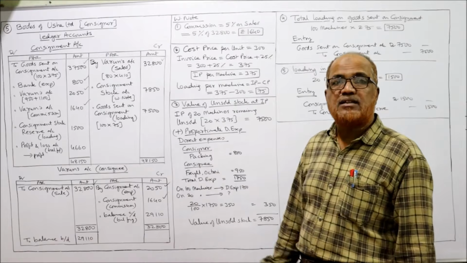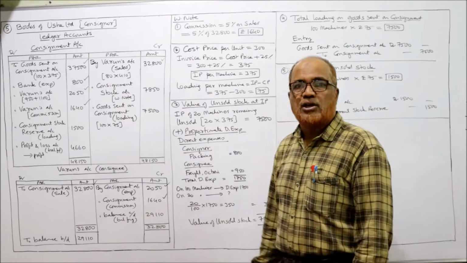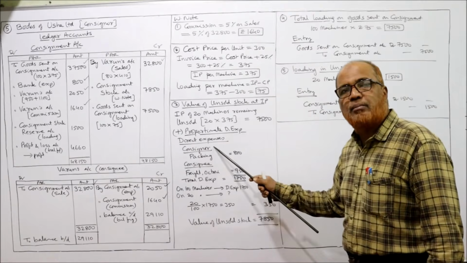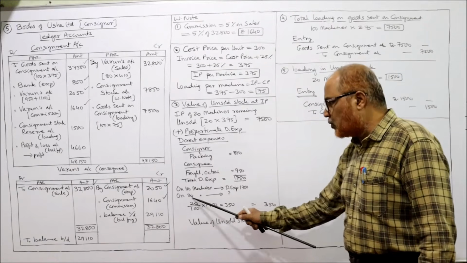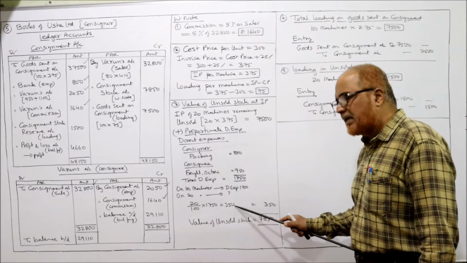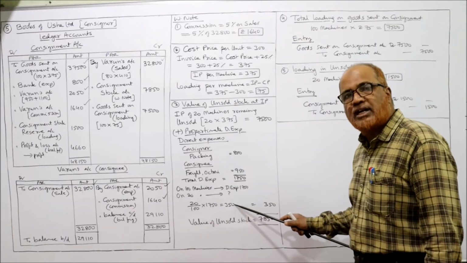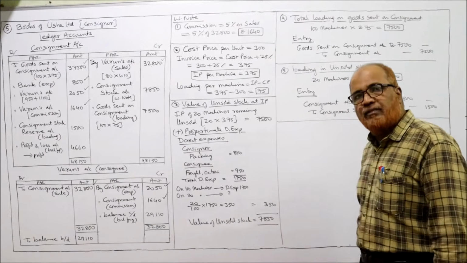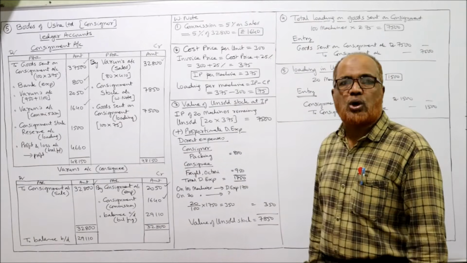How many machines sent? 100 machines are sent. So for 100 machines, 1750. How many machines are remaining unsold? 20. For 20 machines, how much? So 20 divided by 100 into 1750, you will get 350. Proportionate direct expense of 350. So add up 350, 7,850 is the value of unsold stock.